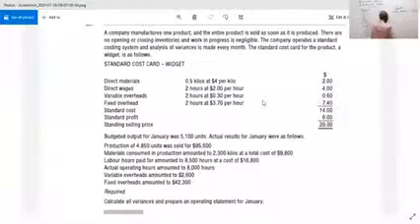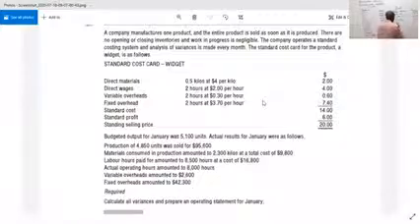And then I have material cost of 9,800. Then labor cost of 16,800. After that, we have variable overheads, I can see 2,600.